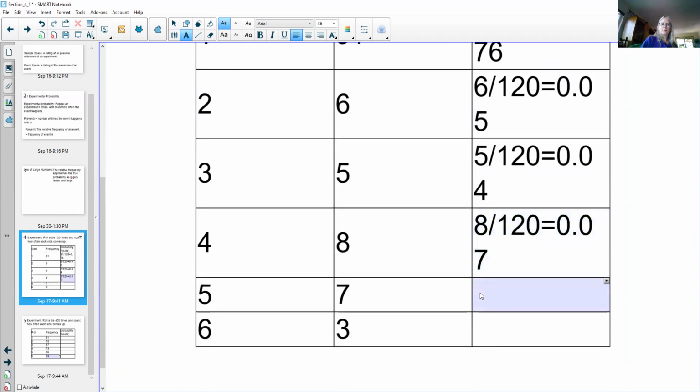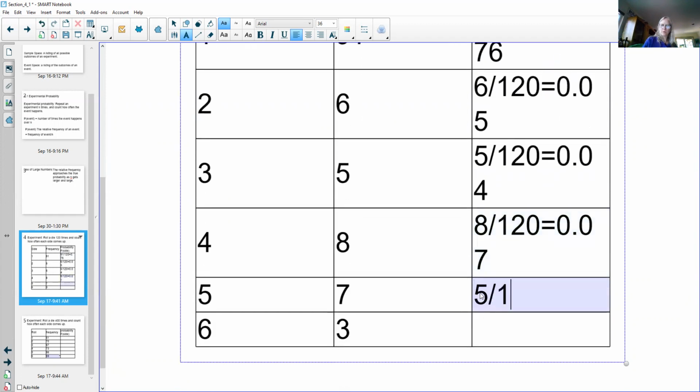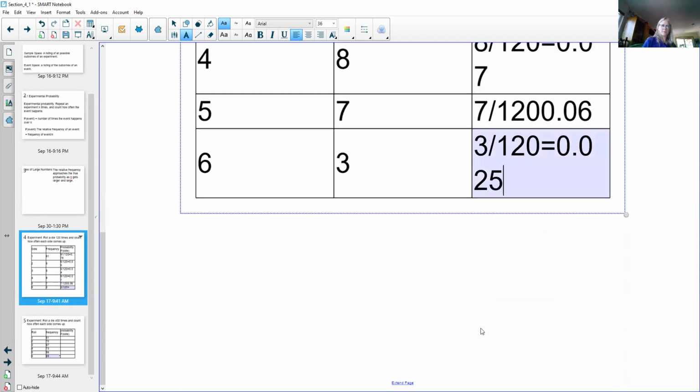And then I can do 7 divided by 120. The number 5 came up 7 times, and that's 0.05 or 0.06. And then 3 divided by 120, and that's 0.025. Actually, that wasn't approximate, that's exact.